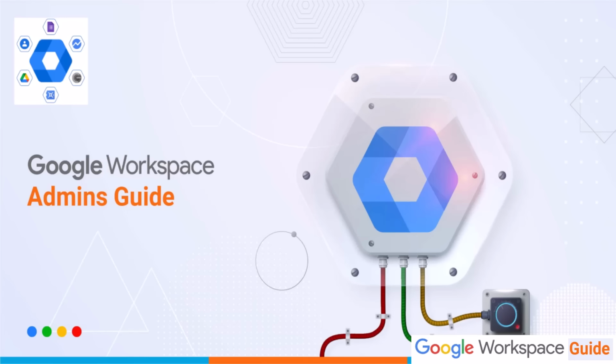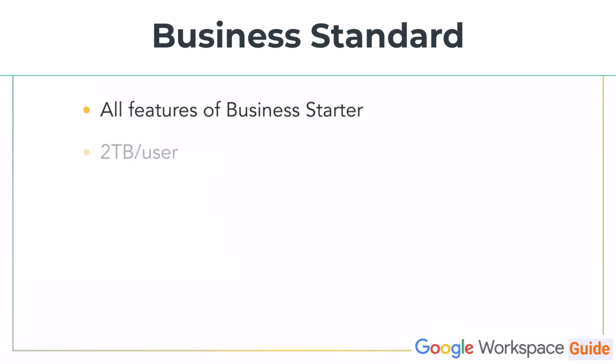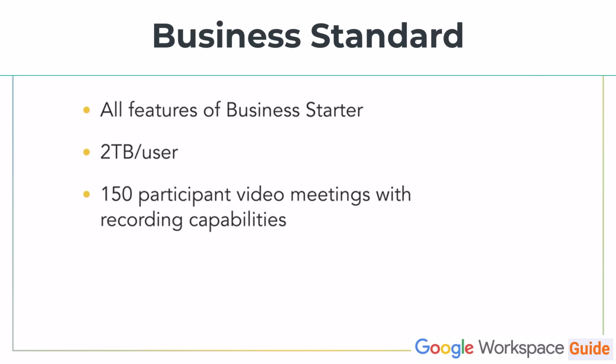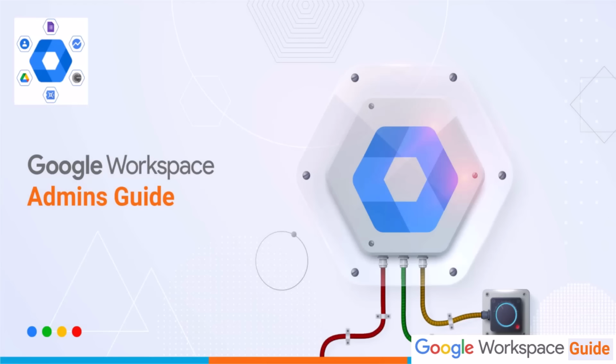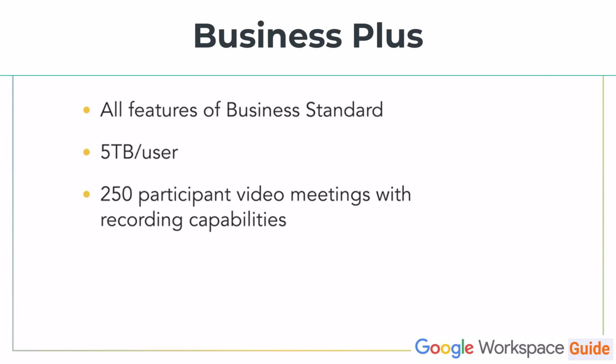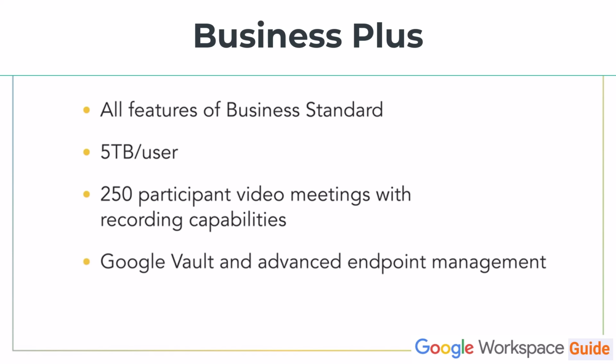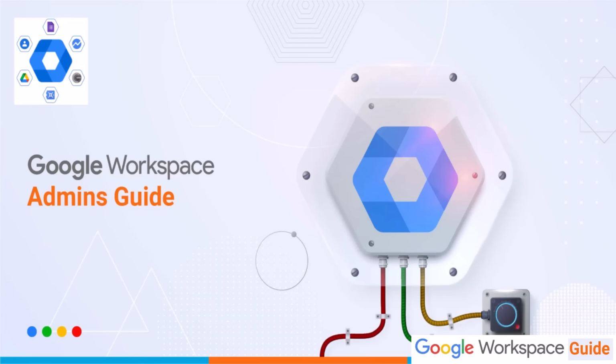Business Standard includes all features of Business Starter, with 2 terabytes of cloud storage per user and 150 participant video meetings with recording capability. Business Plus offers 5 terabytes of storage per user and 250 video meetings with recording and attendance tracking. It also includes enhanced security and management controls, which include Google Vault and advanced endpoint management.